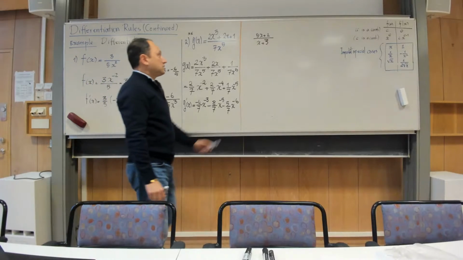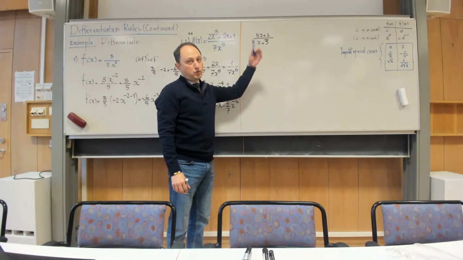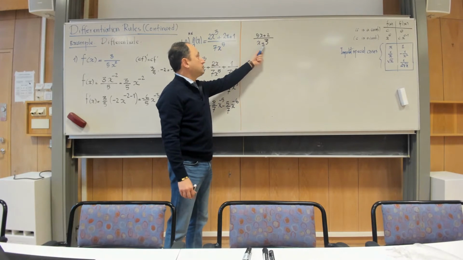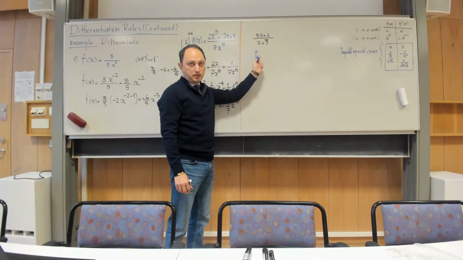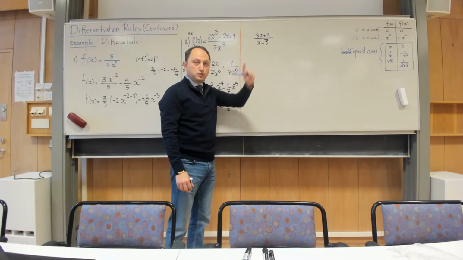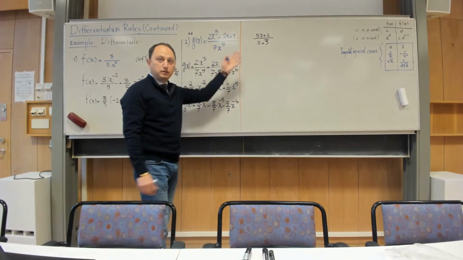So then you have to use the quotient rule or some product rule in a way. This is not one term. It's a fraction. The denominator consists of two terms, not one term. So this method will not work for this.